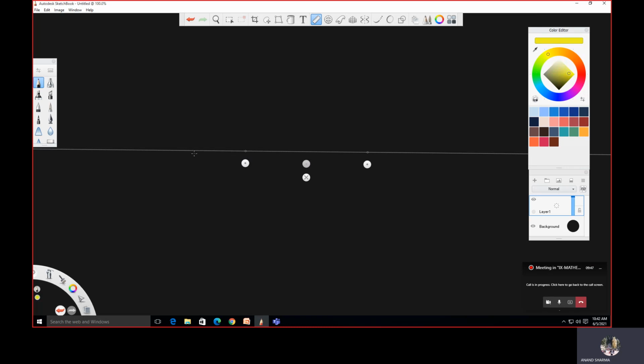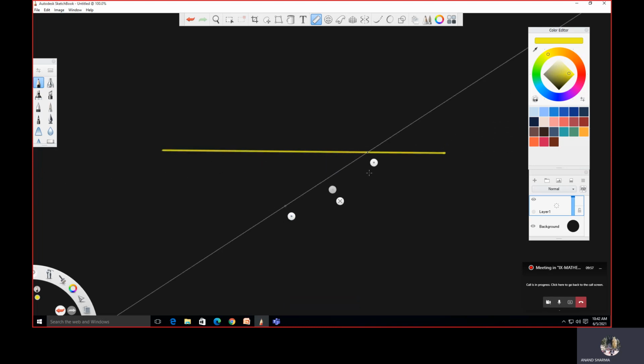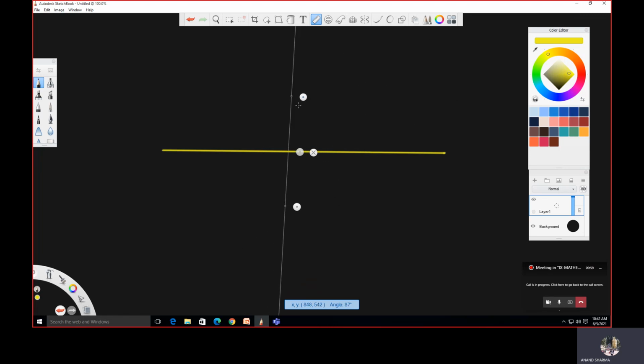I'll be using, let's say, a yellow pen for the x-axis. It's a horizontal line. For the y-axis, let's say I will use green. This is a vertical line.